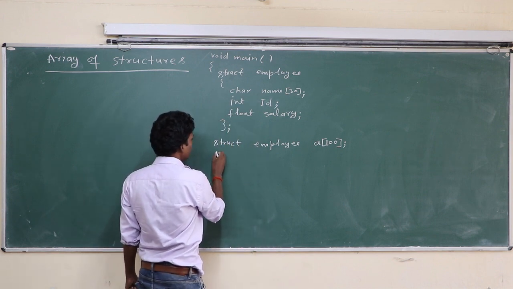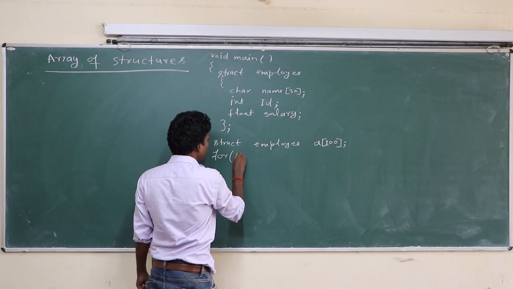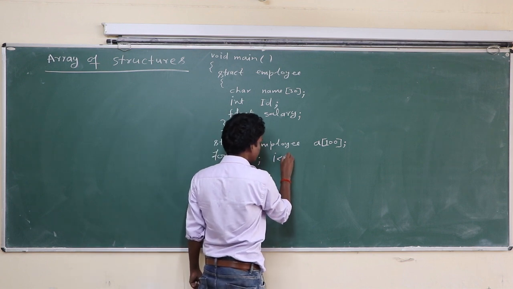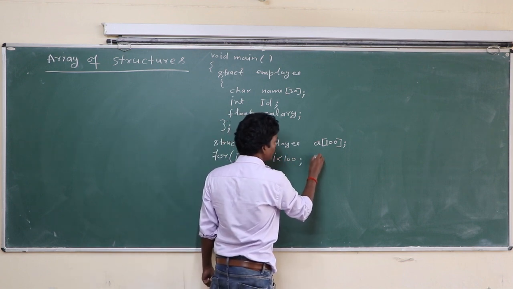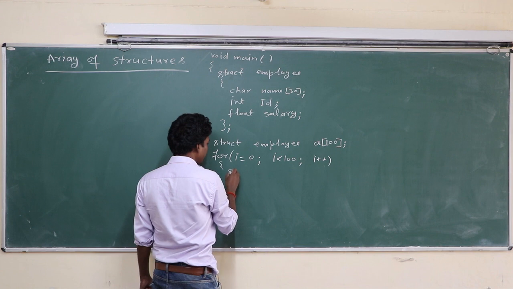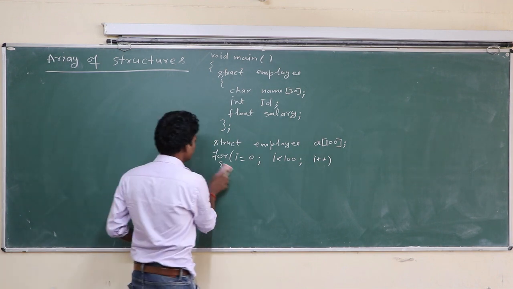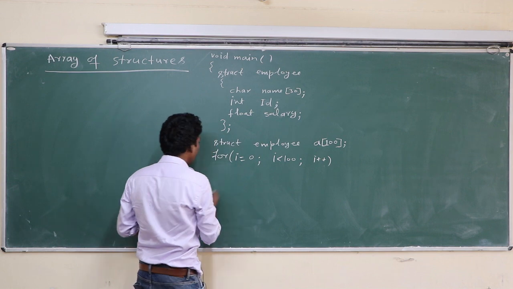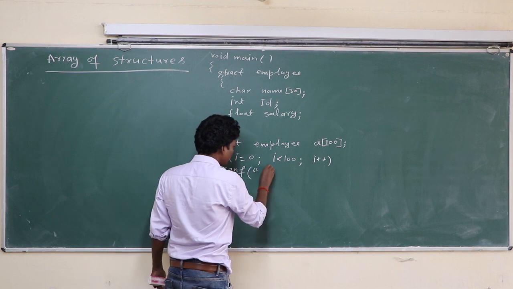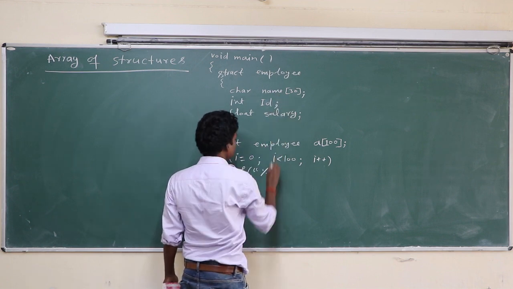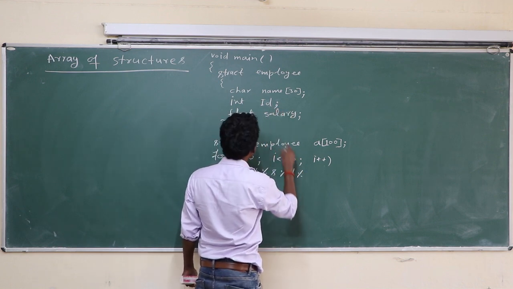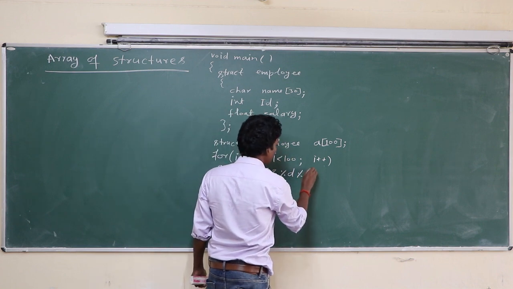Now for I equal to 0, I is less than 100, I plus plus. scanf, %s for name, %d for employee ID, %f for employee salary.